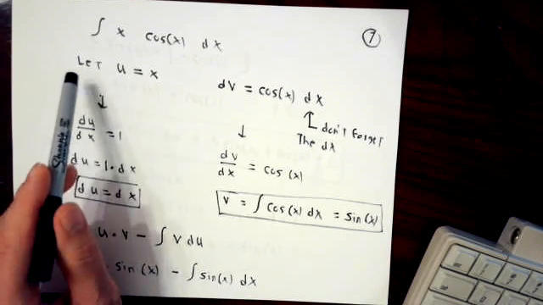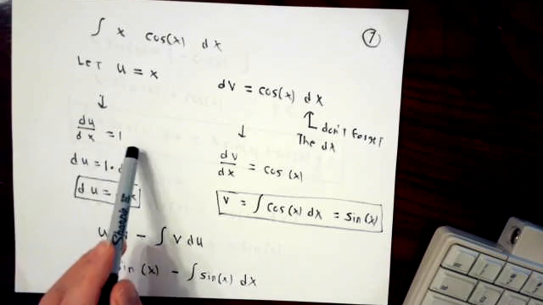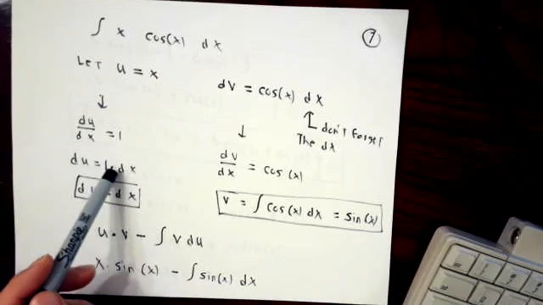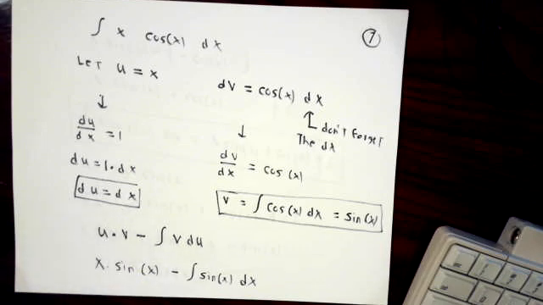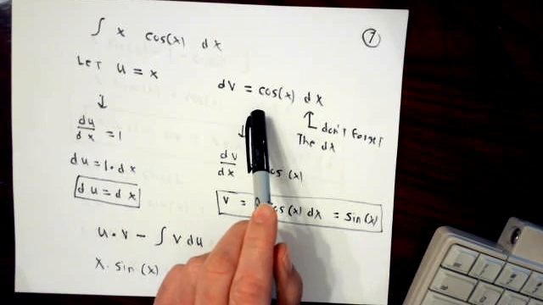If I take the derivative of u with respect to x using our calculus 1 techniques, I get 1. If I pretend these are fractions, which they're not, du would equal 1 times dx. That is to say, du and dx are going to be the same thing in this problem. When I do integration by parts, and it comes time to write down du then, I'll just write dx. dv is supposed to be cosine x dx.